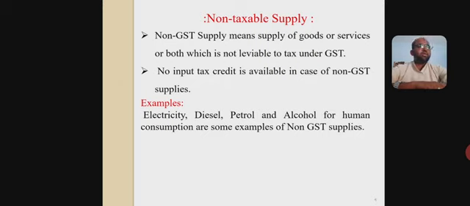It means these are out of scope of supplies. They may be petroleum products like diesel and petrol, then electricity, then alcoholic drinks meant for human consumption. These are examples which come under non-taxable supplies.